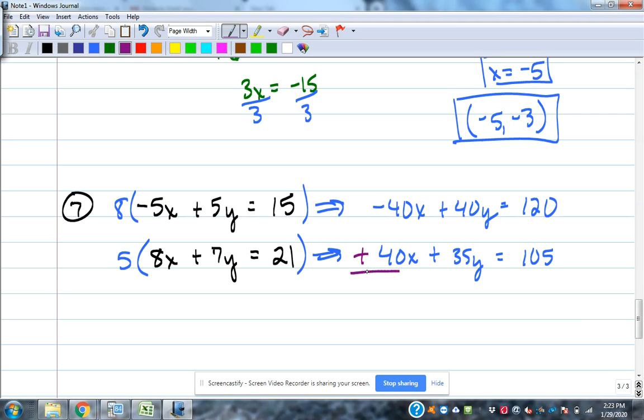Then we're going to add those together. The x's go away just like we planned, and then 75y equals 225. That's what I got. And then divide by 75, and I got 3.